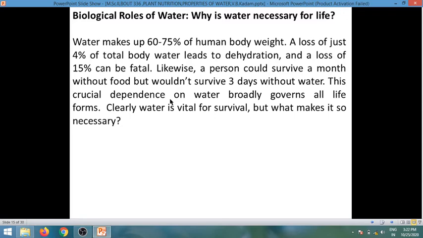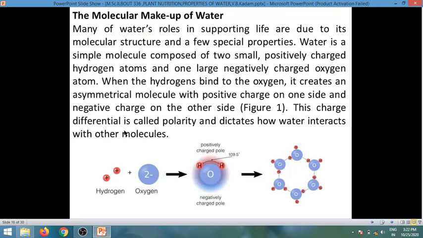This crucial dependence on water broadly governs all life forms. Clearly, water is vital for survival, but what makes it so necessary? The molecular makeup of water.